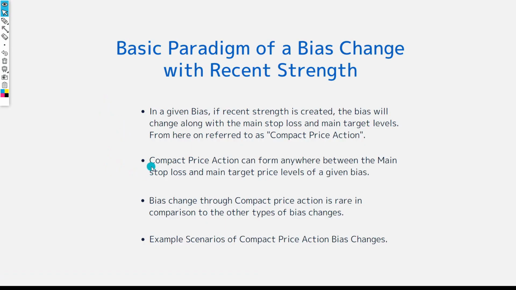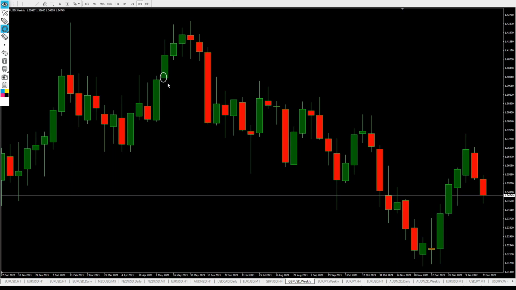Number 2. Compact price action can form anywhere between the main stop loss and main target price levels of a given bias. Again, at this point right here, compact long price action formed, changing the bias into long. However, a bias change through compact price action can form anywhere between the main target level and the main stop loss level.